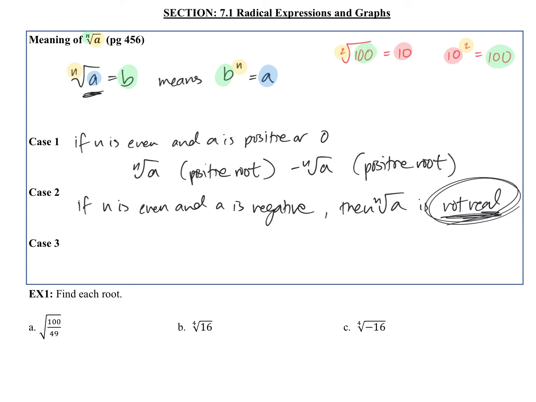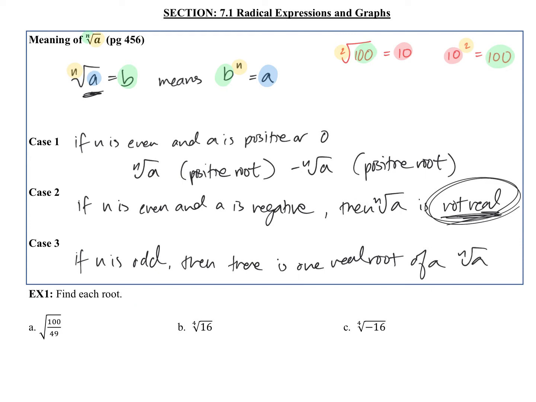And case 3, if n is odd, for example a cube root of a. So if n is odd, what do we know? Then there is one real root of a.